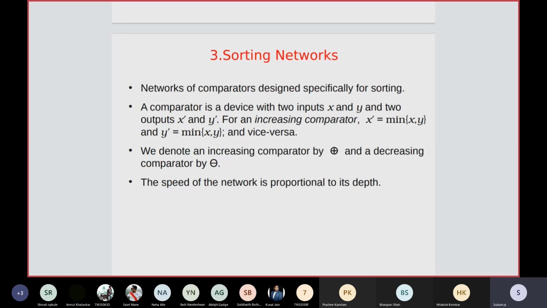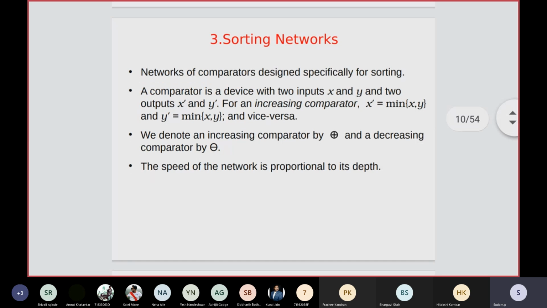For an increasing comparator, x dash equals min of x, y, where x and y are the inputs to the comparator. So the minimum of these two is x dash, and y dash is the max of x, y, and vice versa.